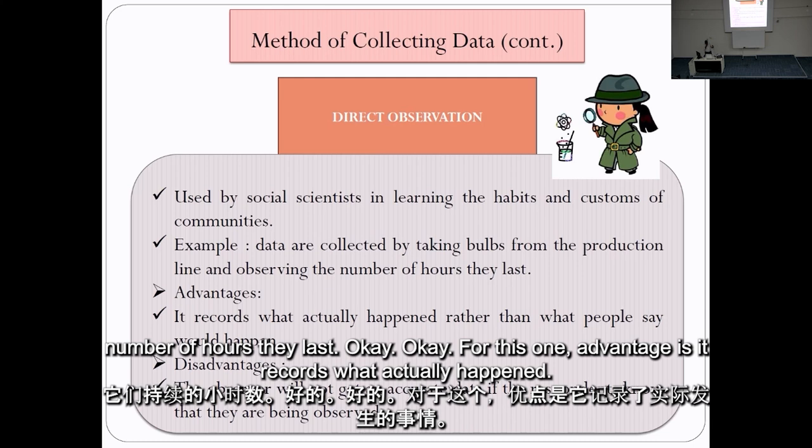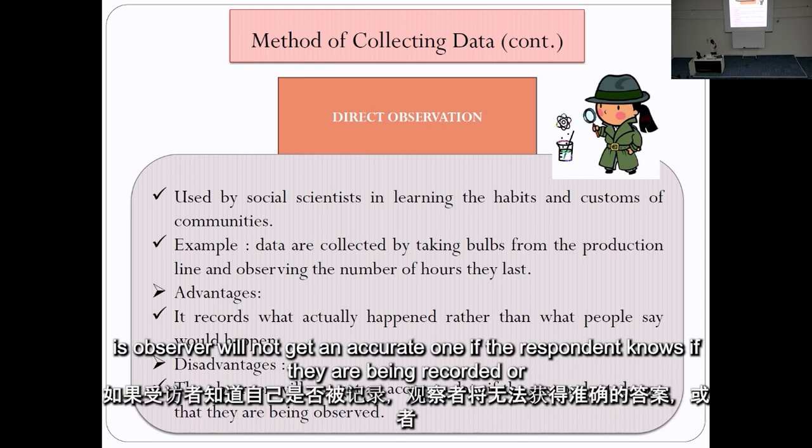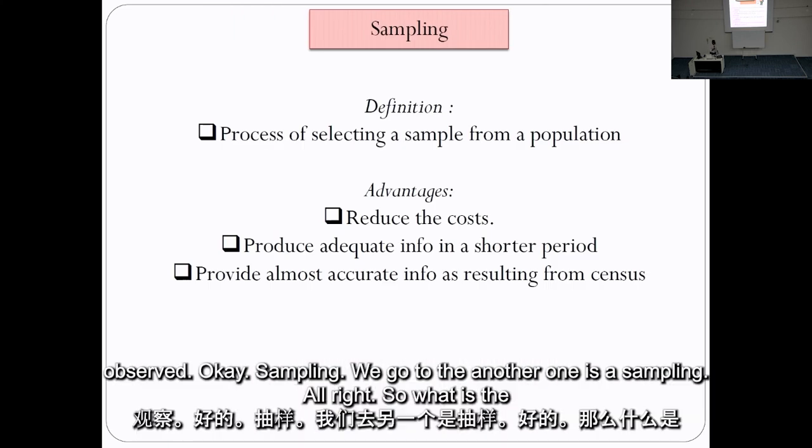The advantage is that it records what actually happened, rather than what people say would happen. The disadvantage is that the observer will not get accurate results if the respondents know they are being recorded or observed.